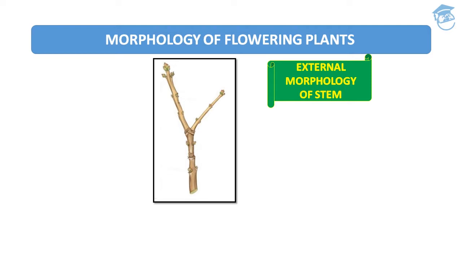The stem bears buds which may be terminal or axillary. See, this is the terminal bud and this bud, which is present somewhere here, is the axillary bud. The stem is generally green when young and later often becomes woody, as you can see, and becomes dark brown too.